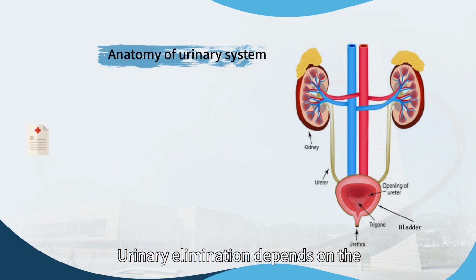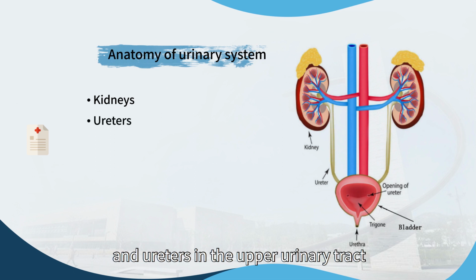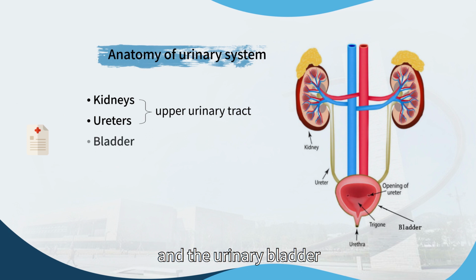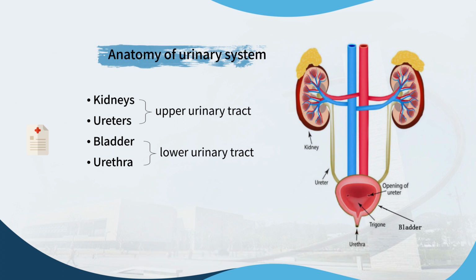Urinary elimination depends on the effective functioning of the kidneys and ureters in the upper urinary tract, and the urinary bladder and urethra in the lower urinary tract. The trigone is a triangular area at the base of the bladder.